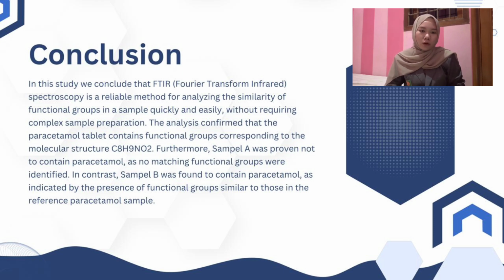The analysis confirmed that the paracetamol tablet contains functional groups corresponding to the molecular structure C8H9NO2. Furthermore, sample A was proven not to contain paracetamol, as no matching functional groups were identified. In contrast, sample B was found to contain paracetamol, as indicated by the presence of functional groups similar to those in the reference paracetamol sample.